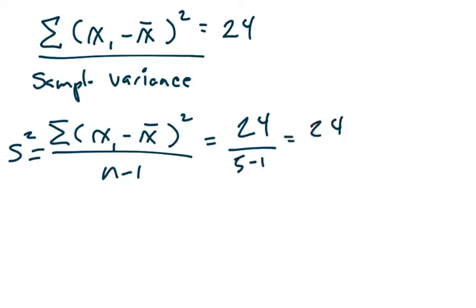So this is 24 over 4, which is 6. All right. So this is considered our sample variance, okay? So the sample variance is 6 inches squared, okay?